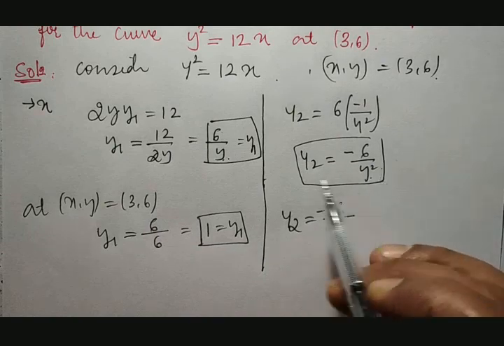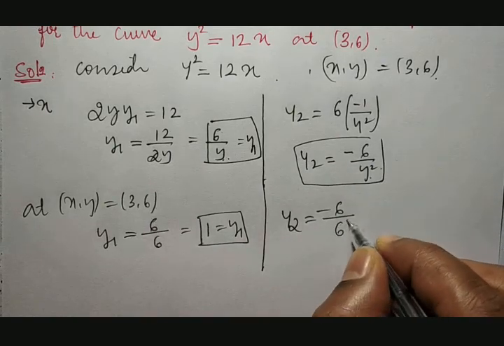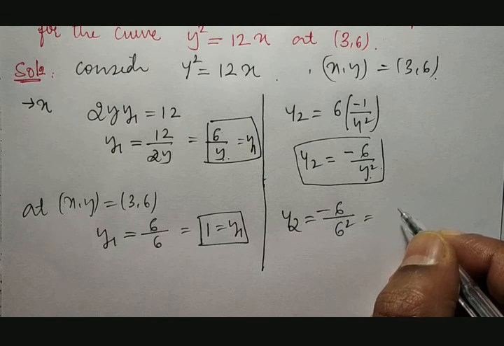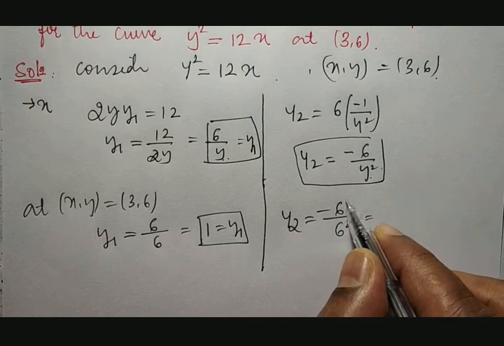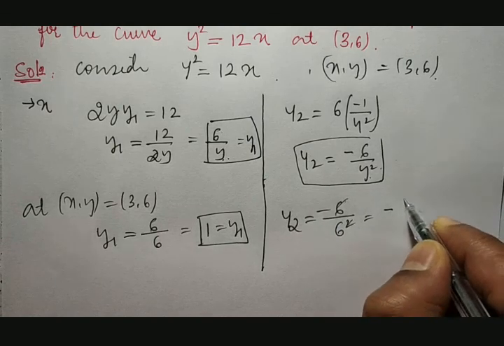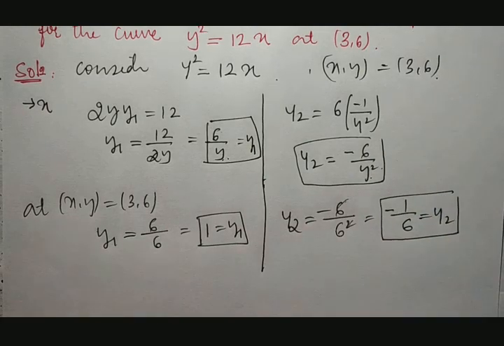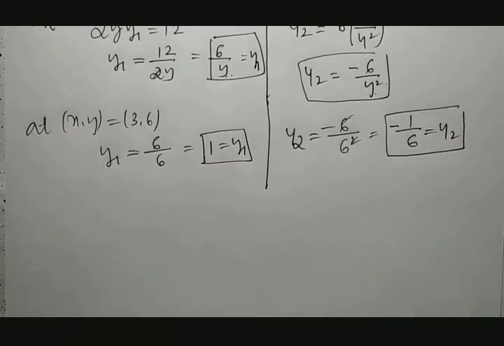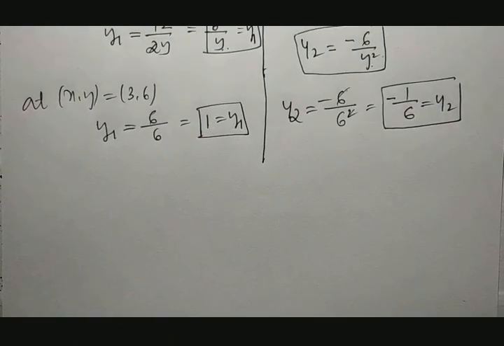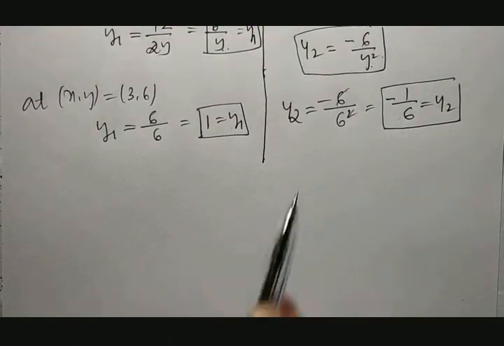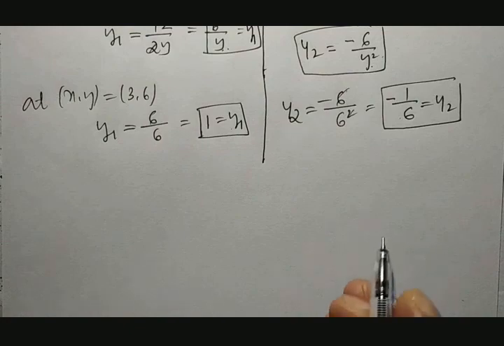Y is 6, so 6 square, and cancelling, it is minus 1 by 6. That is y2. Fine, so we obtained y1 and y2 at the given values.